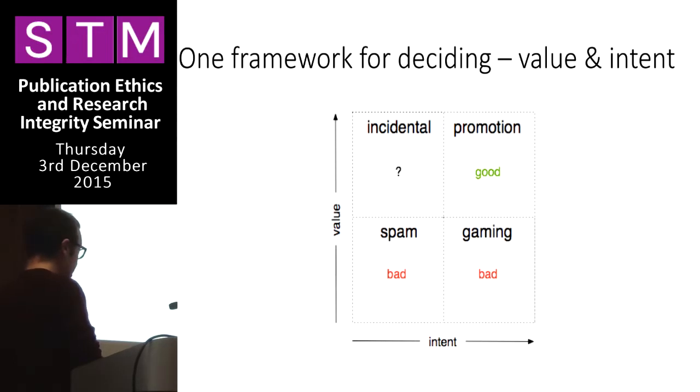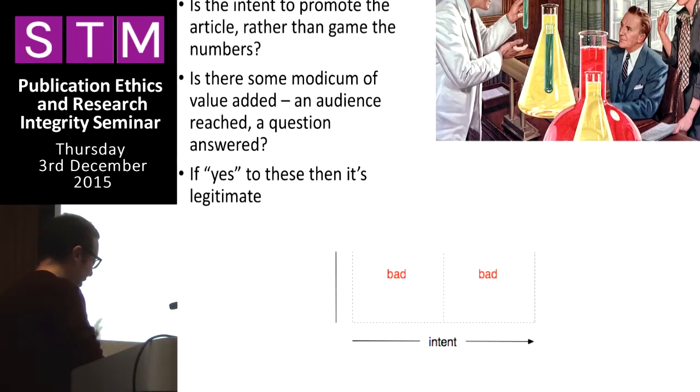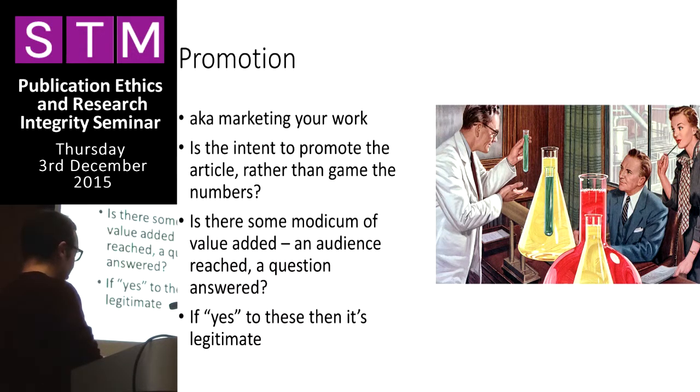So the idea is that good promotion adds value, and you've got some intent to promote the article, I suppose. It's going to become clear in the example, I think. Gaming, yeah, in fact, let's do that. Let's jump straight into what each of those quadrants might represent.